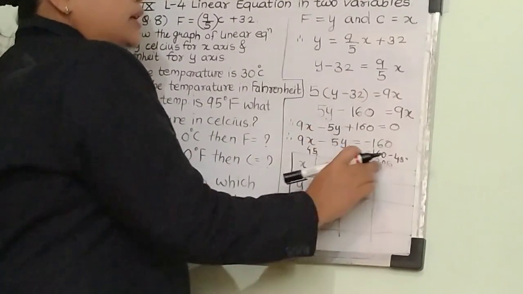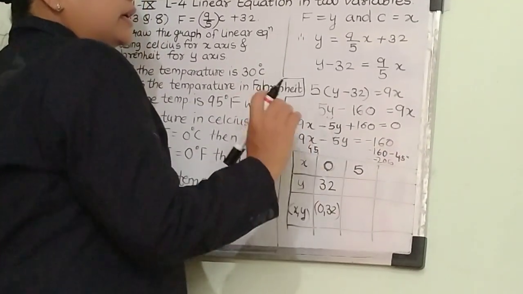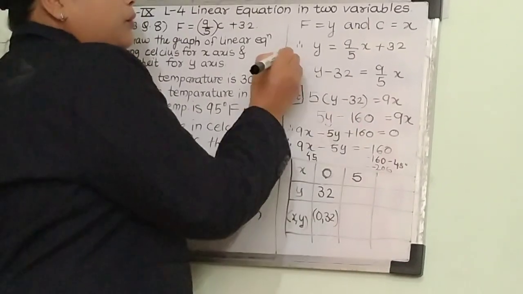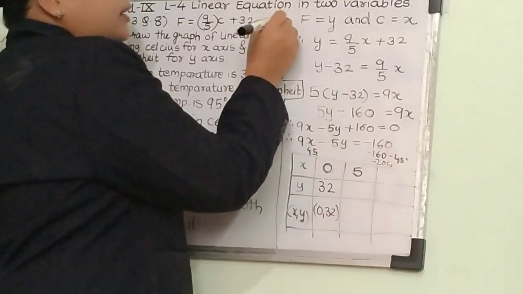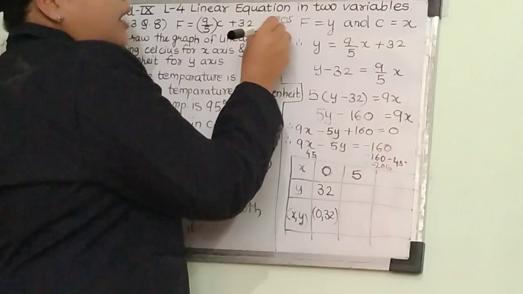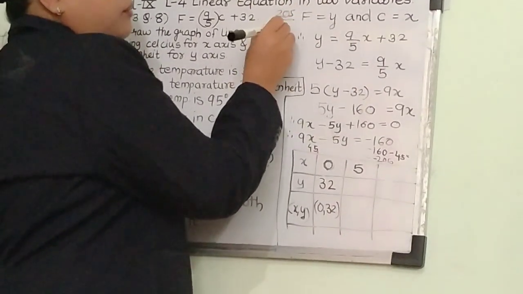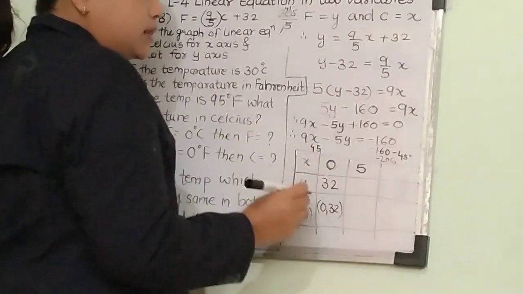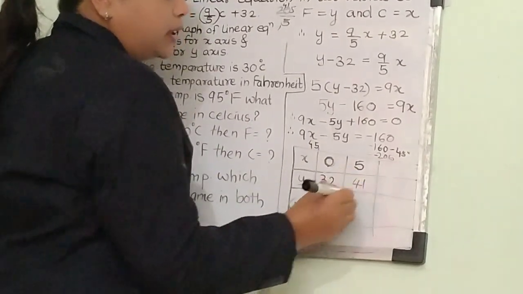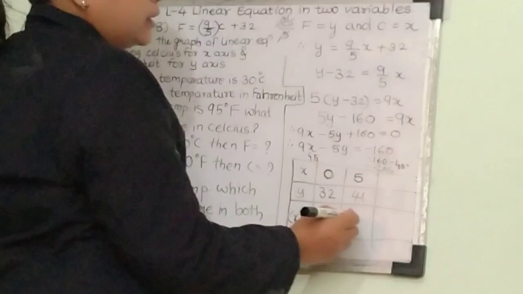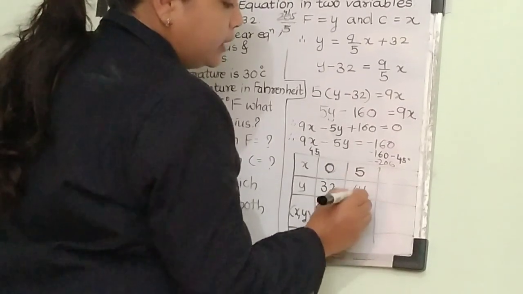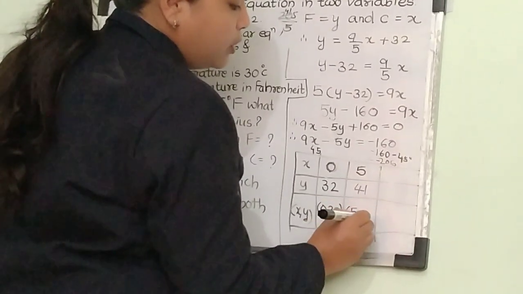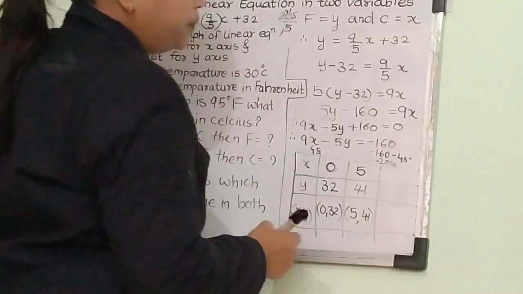Then 5y equals 205. So we do 205 upon 5. 5 ones are 5, 5 fours are 20, and 5 ones are 5. So we get 41. So the second coordinate is 5, 41.